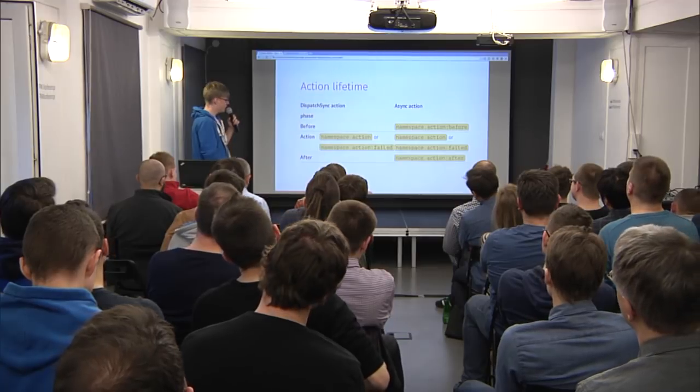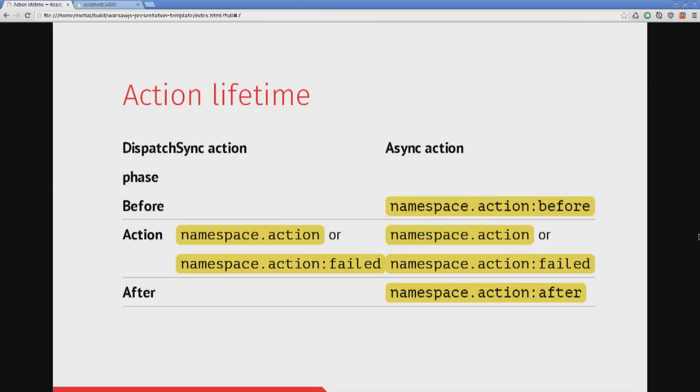So the action is this thing that gets the data, and in our case, there are multiple states it can be in. If it's an asynchronous action, so it asks the server about something, there are multiple states. So you can actually listen to something that happens before the action and after the action, and then you can listen to the actual action happening, which gives you multiple options.